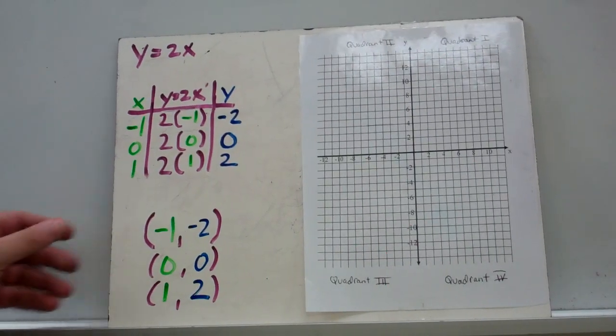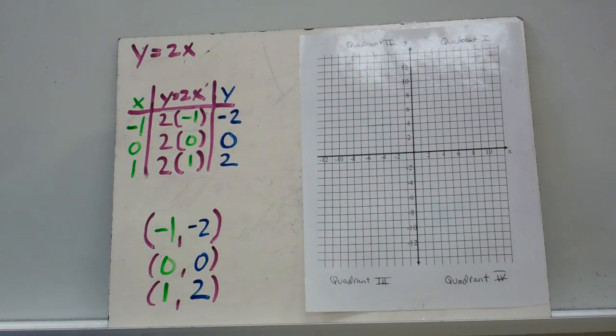Okay, so here we have this function y equals 2x. So 2x is going to be our function. And what we need to do is figure out some points given that linear equation of y equals 2x.